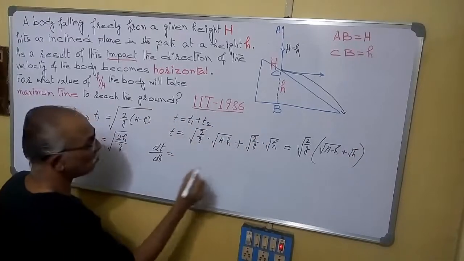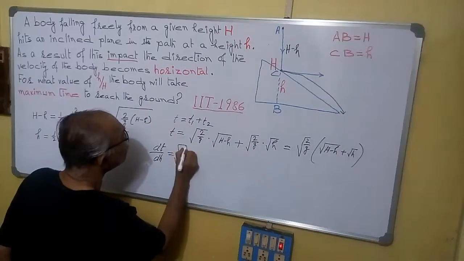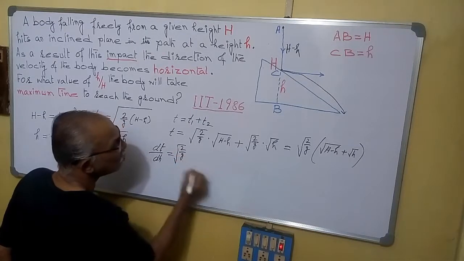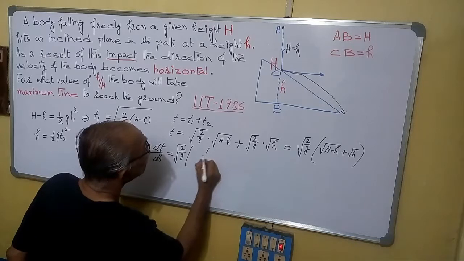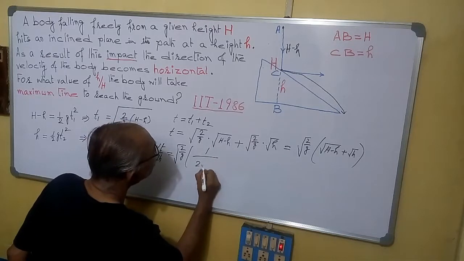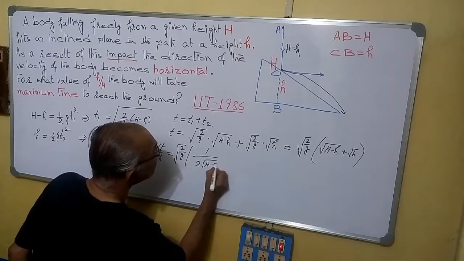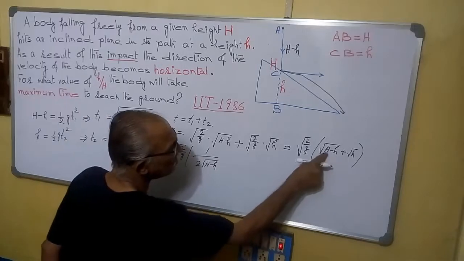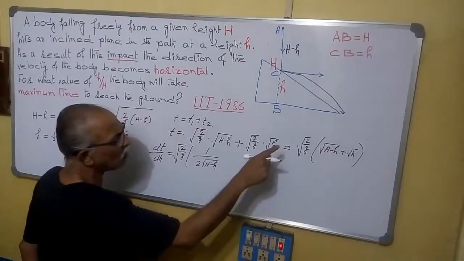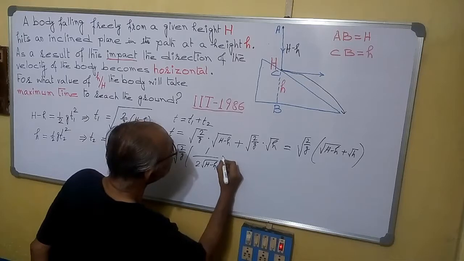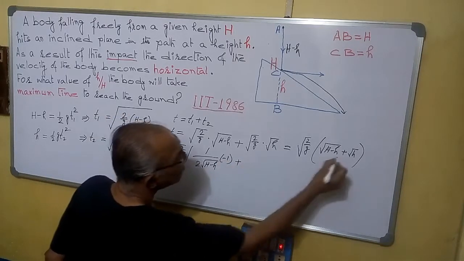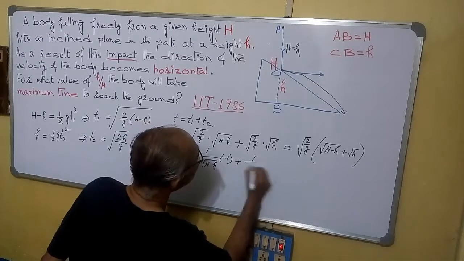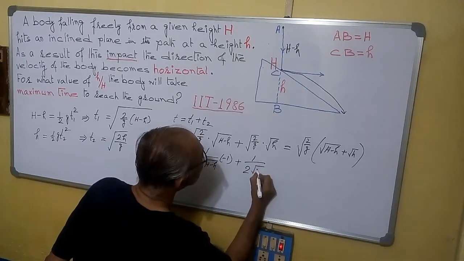So dt by dh will be root 2 by g common into 1 by 2 root of (H minus h) into the derivative of (H minus h). Capital H is a constant, so it will be minus 1, plus the derivative of root h, which is 1 by 2 root h.